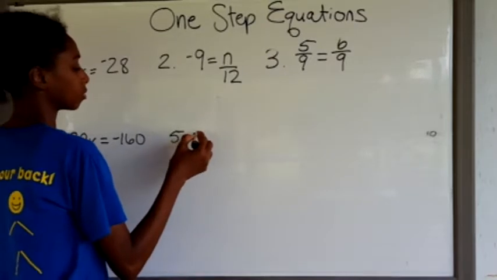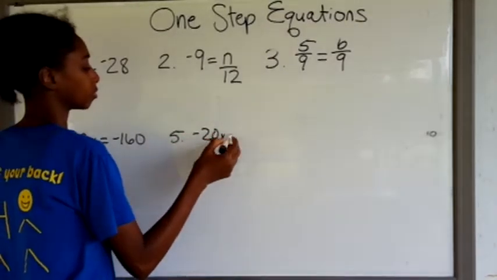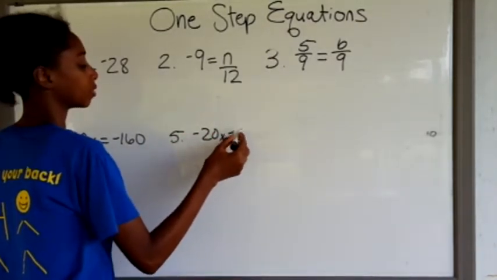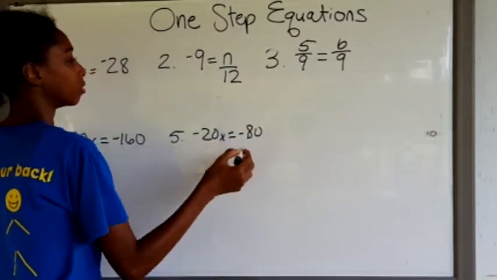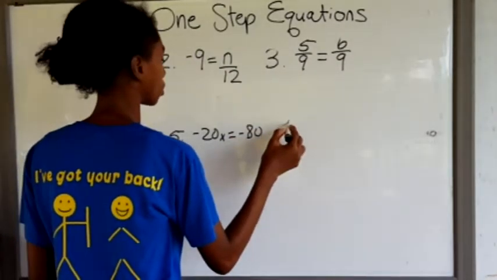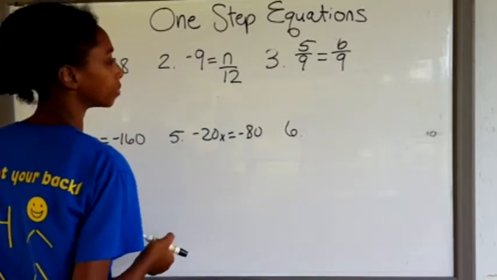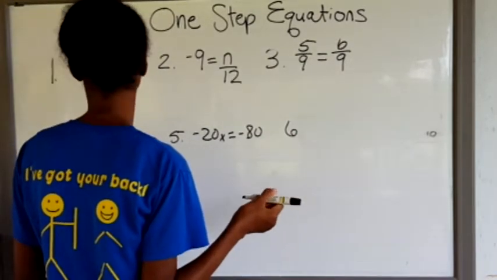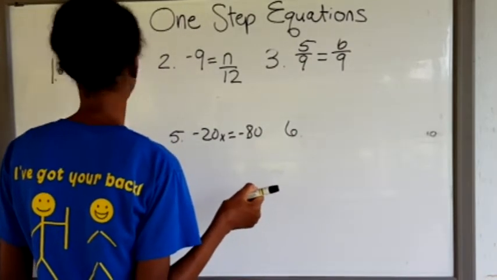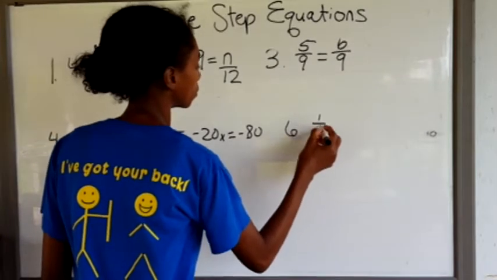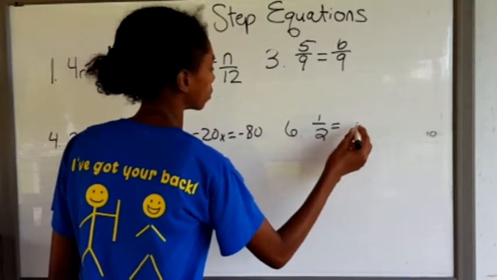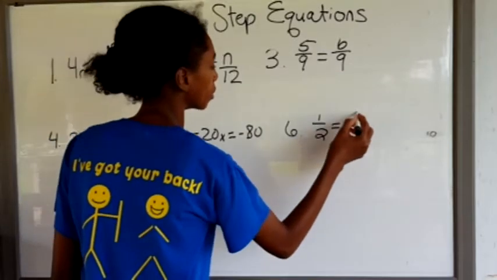Negative 20x equals negative 80. So one more. Division. 1 over 2 equals a over 8.